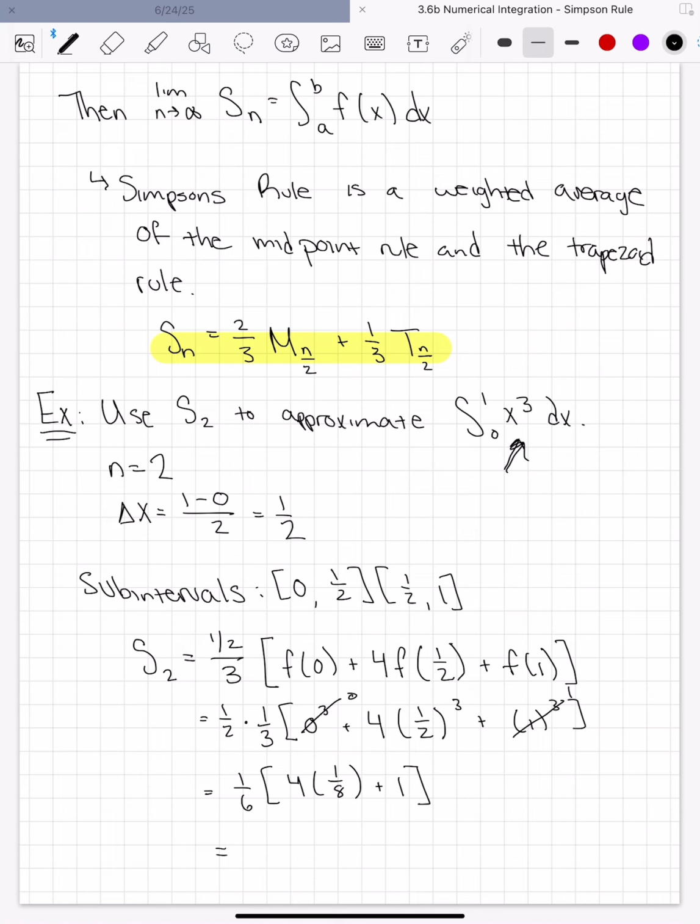Right, so then that's going to become, remember 1 is 8/8, so that'll just become 12/8. And so then we multiply across, so 1 times 12 is 12, 6 times 8 is 48. And we can simplify that, right? We can divide the top and the bottom by 12, and that would be 1/4 as our answer.